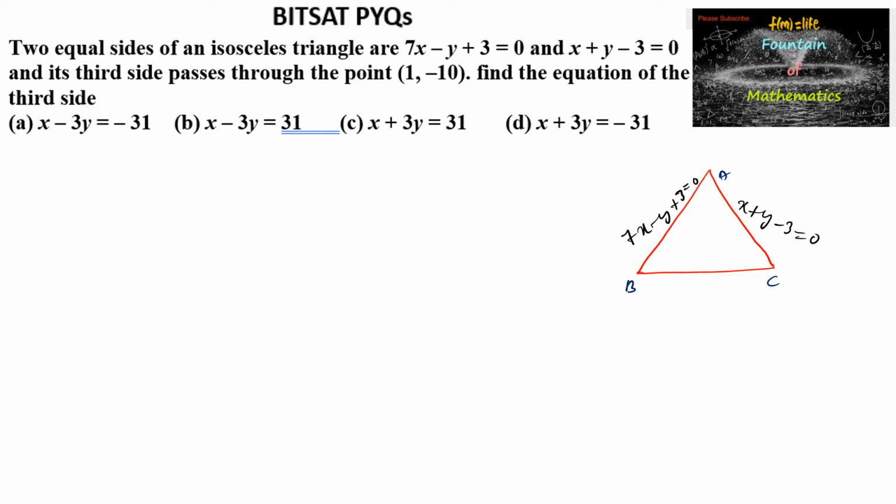And we have the property that the third side of an isosceles triangle must be parallel to one of the angular bisectors of the two equal sides. So if we extend these two sides here, we can find one angular bisector which is parallel to the third side.